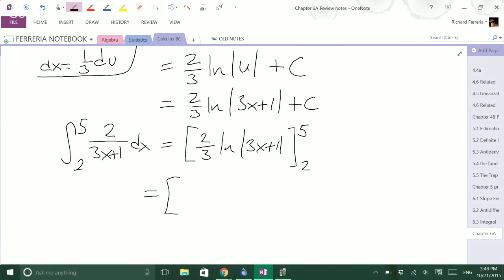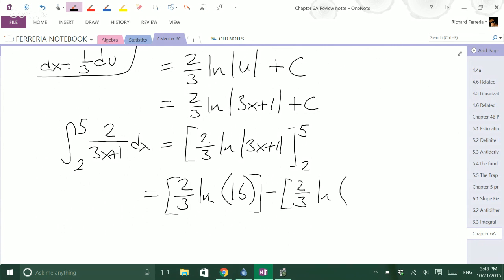Substitute: 2/3 of log 16 minus 2/3 of log, what is that? 6 plus 1 is 7, right? Log 7.